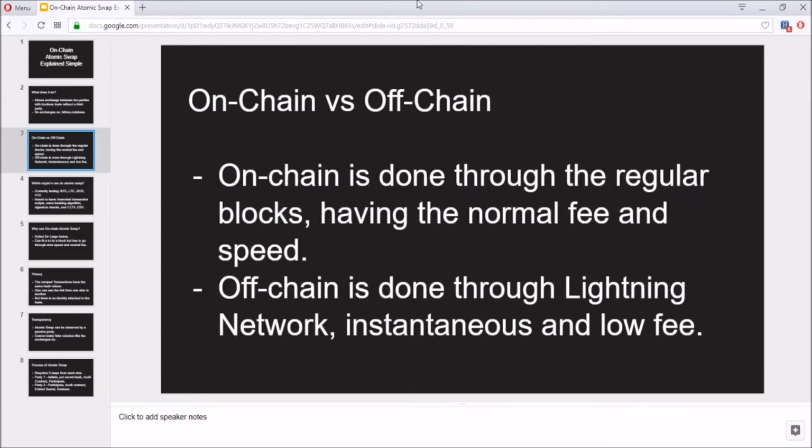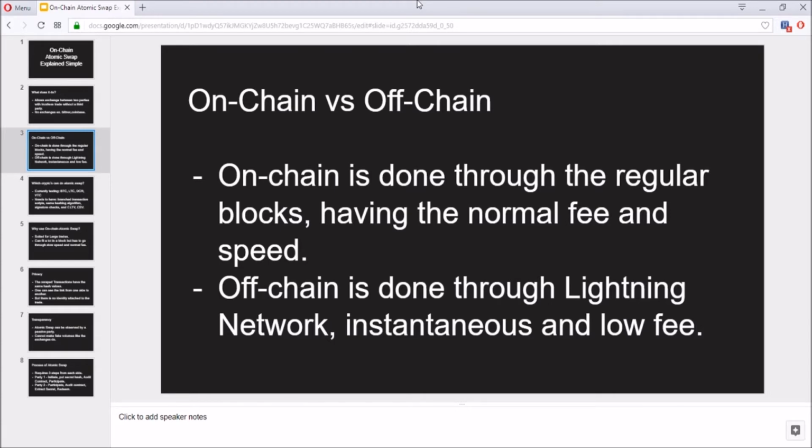So what is the difference between on-chain and off-chain? On-chain is done through the regular blocks, so it has the normal fee and the normal speed. If it's going to be done through, let's say, Bitcoin and Litecoin, or Bitcoin and Decred, the Bitcoin side of it would have the regular fee and the regular speed, which is slower than other cryptocurrencies.